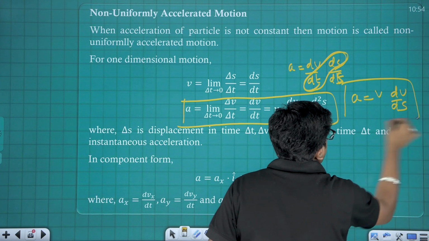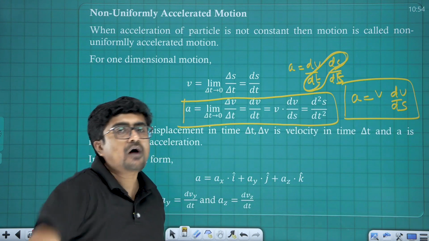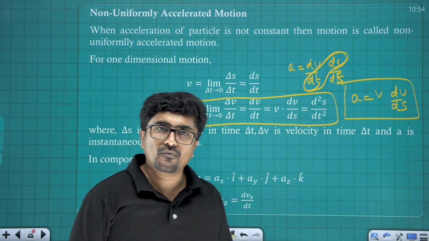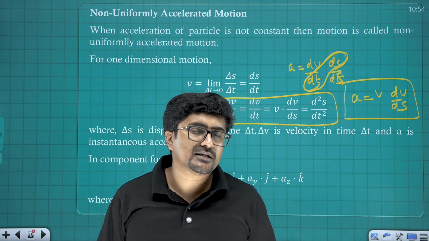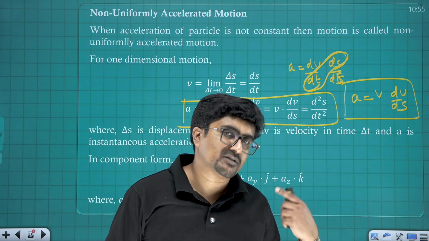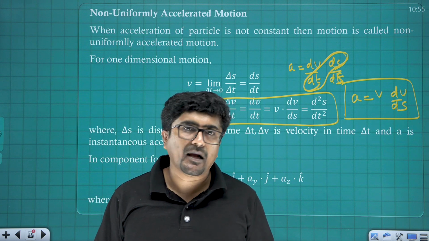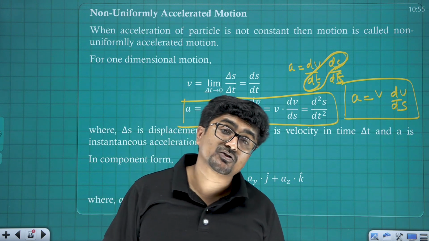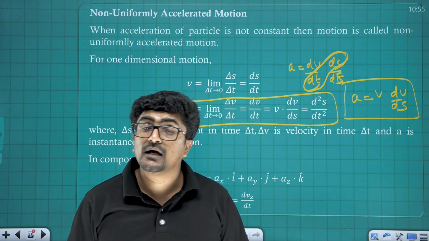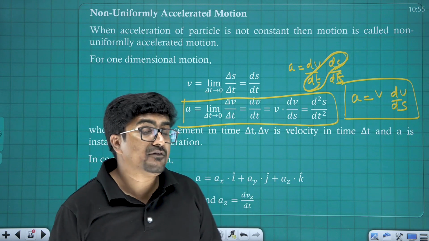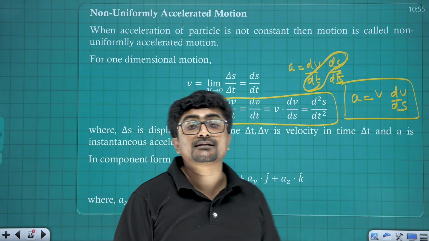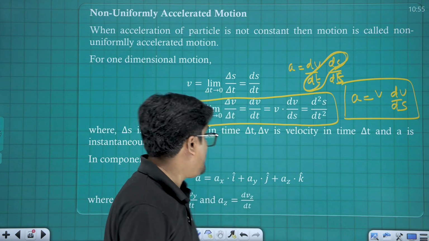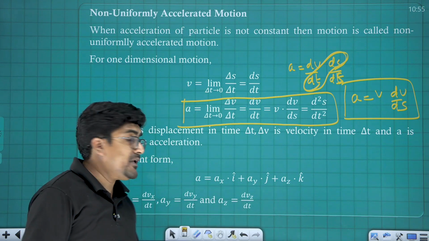So that means if velocity is given as a function of x, y, or displacement s, then acceleration can be calculated from the expression v into dv by ds. I repeat, if v is given as a function of s, then acceleration is v into dv by ds, and if velocity is given as a function of time t, then acceleration is a is equal to dv by dt. That is again a very, very important relation.